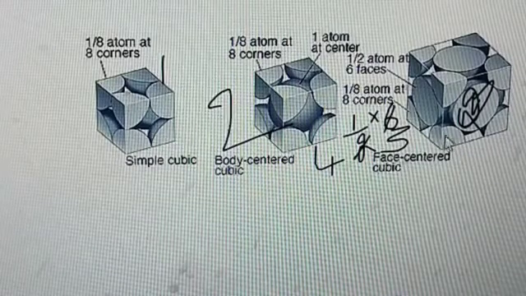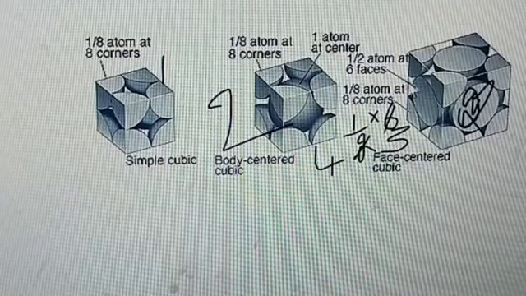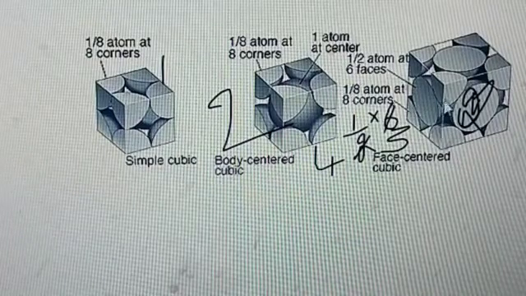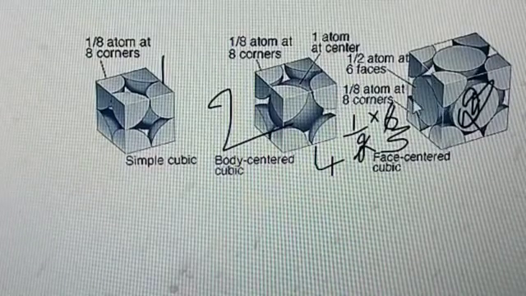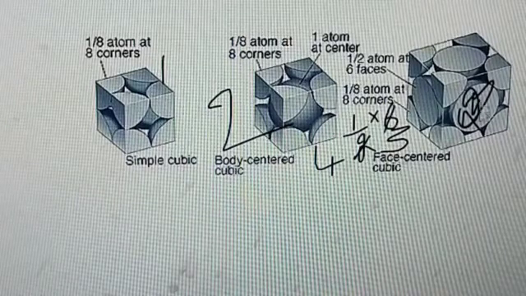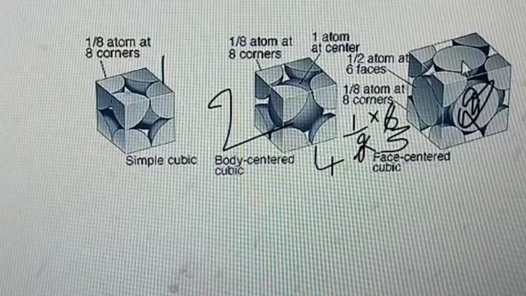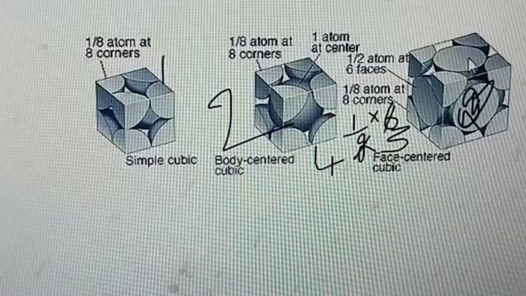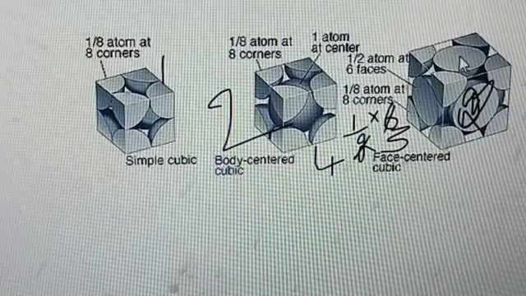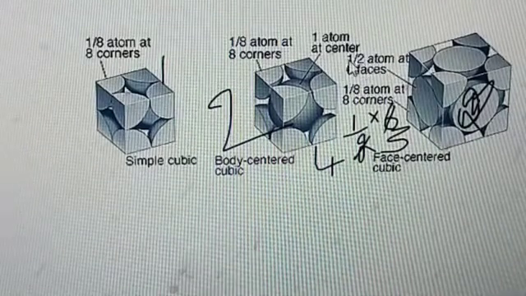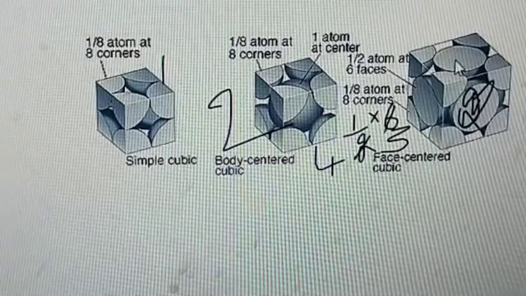Now if we come to face centered cubic cell, along with the corners, the constituent particles are present at the 6 faces also. The constituent particles present at the centers of the 6 faces are shared by 2 adjacent unit cells. As each is shared by 2 adjacent unit cells, only half atom belongs to one unit cell.